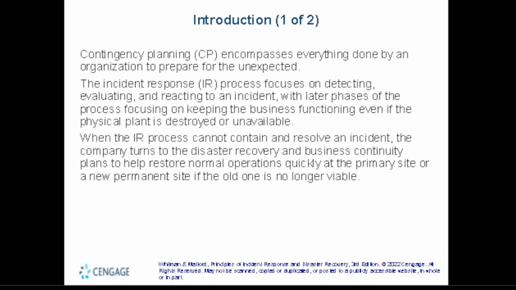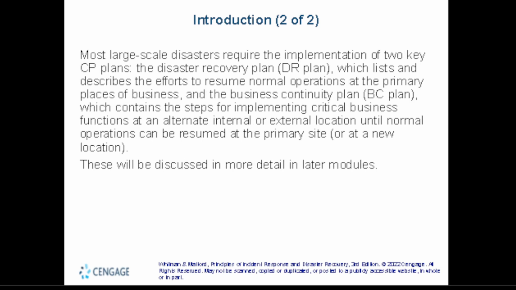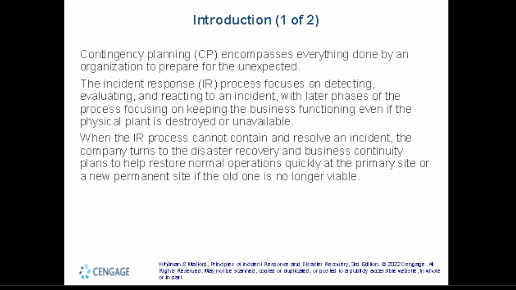So the contingency planning process is what you want to do. Oh, let's go back to that one. CP, remember CP is contingency planning, IR incident response. Contingency planning is all that you do to be prepared for the unexpected.